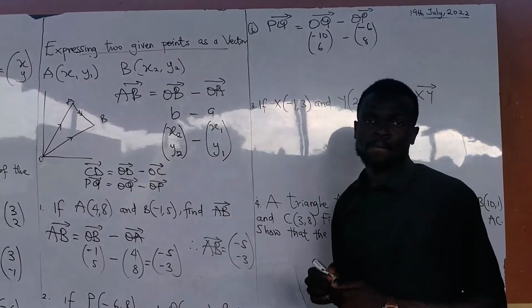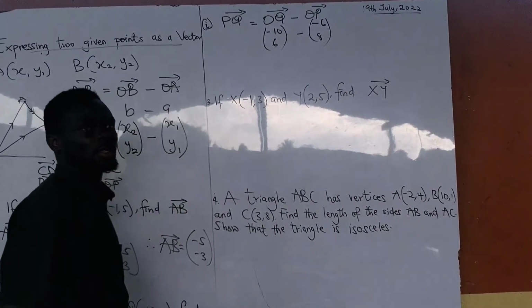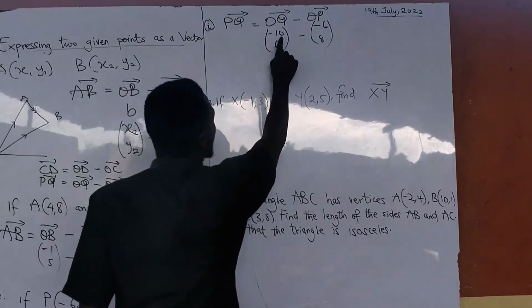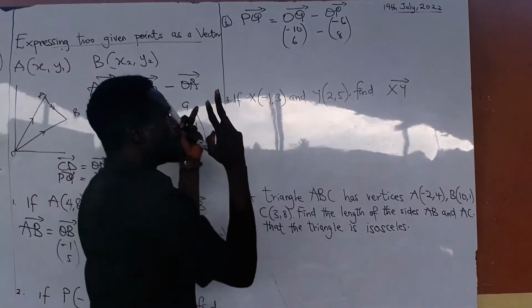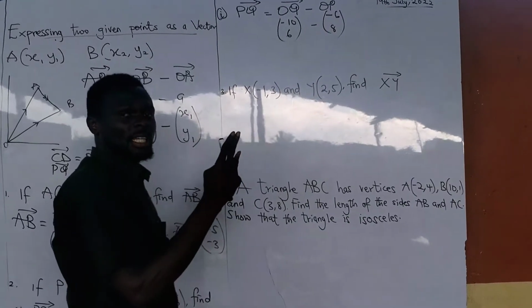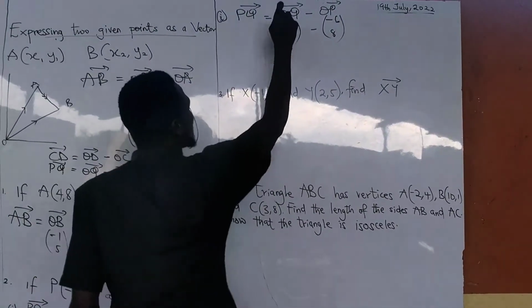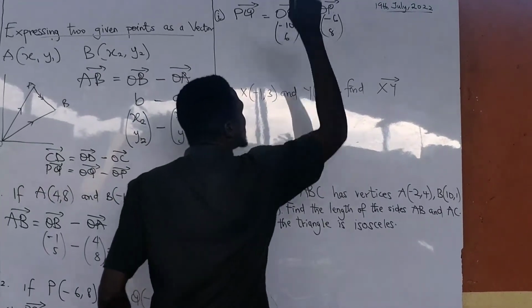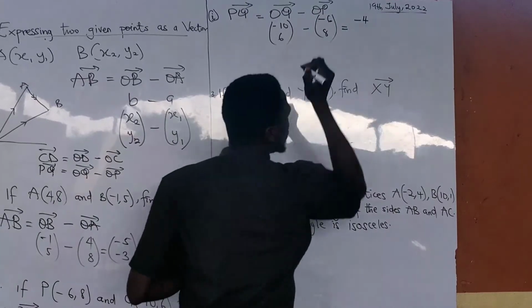And now this becomes subtraction of vectors. So I have negative 10 minus negative 6. When negative meets negative, it produces positive. So this becomes negative 10 plus 6, which is equivalent to negative 4.